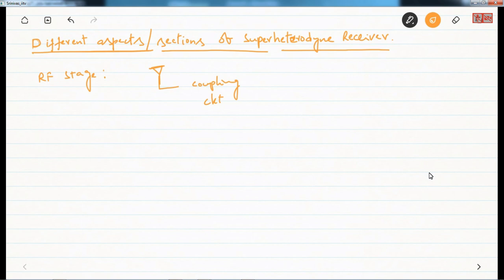So the RF stage in every radio receiver essentially contains this antenna coupling circuit, and it may also have an RF amplifier.